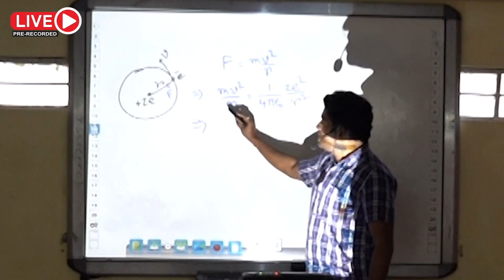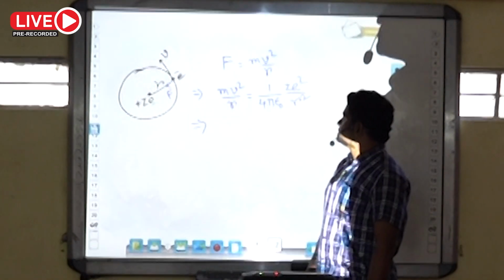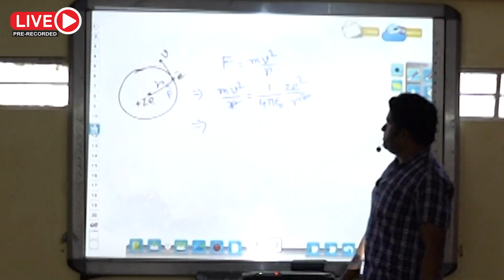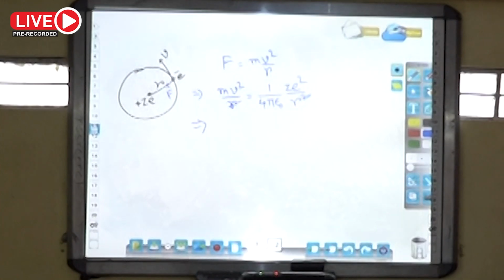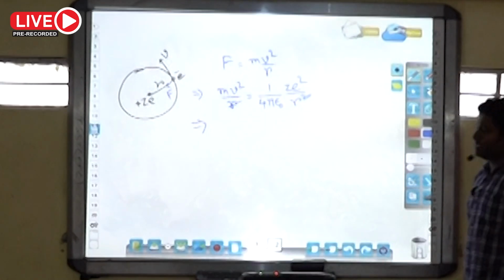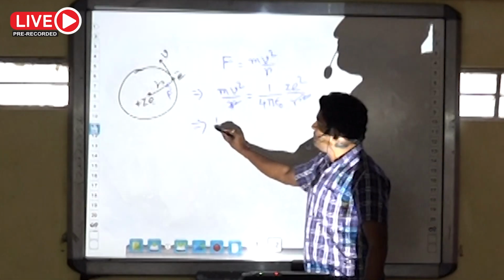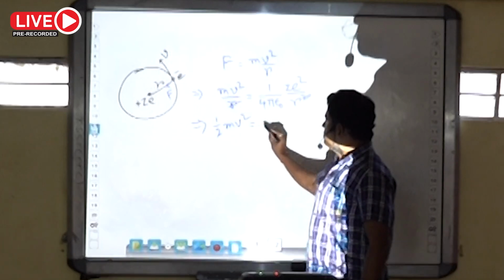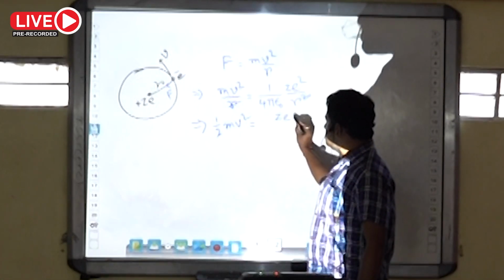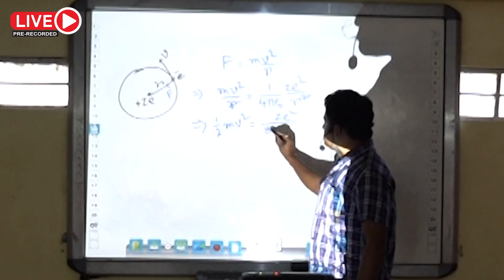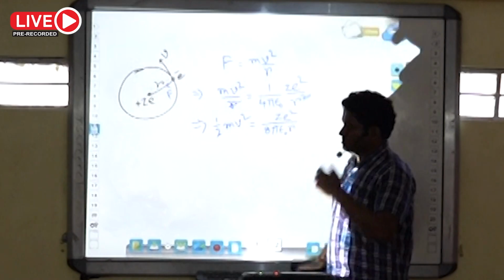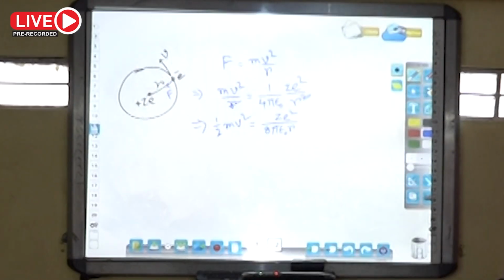Then we can write mv square will be equal to 1 by 4 pi epsilon naught Ze square by r, and multiply both sides by half. So it will be Ze square by 8 pi epsilon naught r.